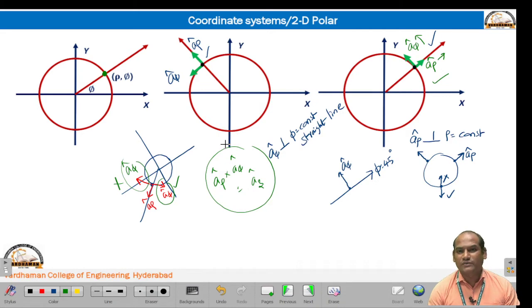So, the cross product between a_rho and a_phi should provide a_z cap. If you come towards phi from rho, this is representing the z direction, right handed system we have to follow. So, with respect to x, y, z, this is x axis, this is y axis, this is z axis. These things we will see in our 3D coordinate systems.